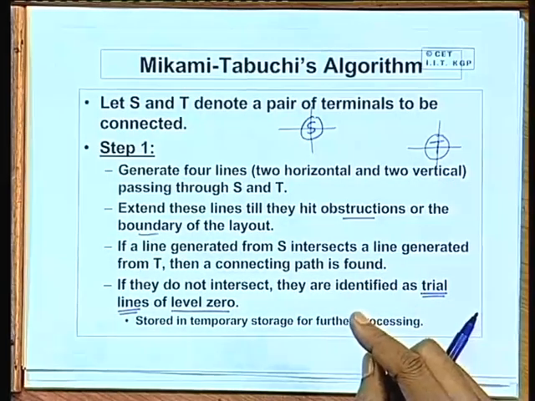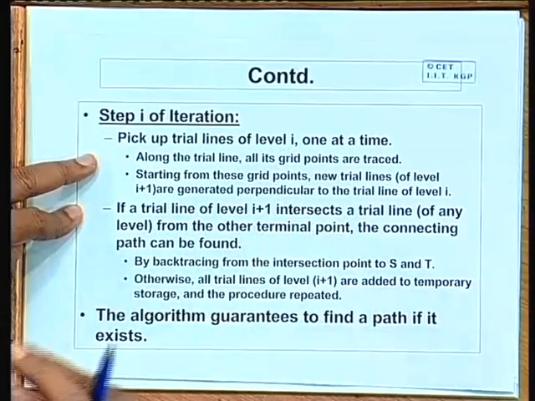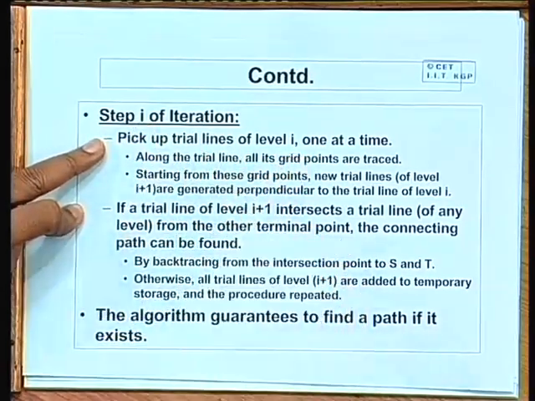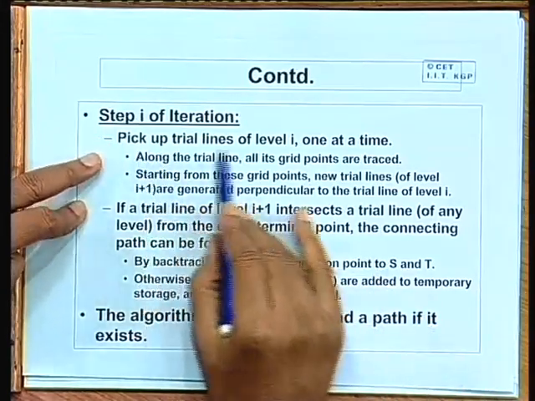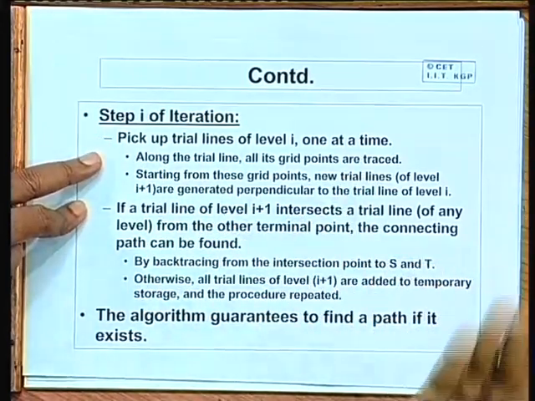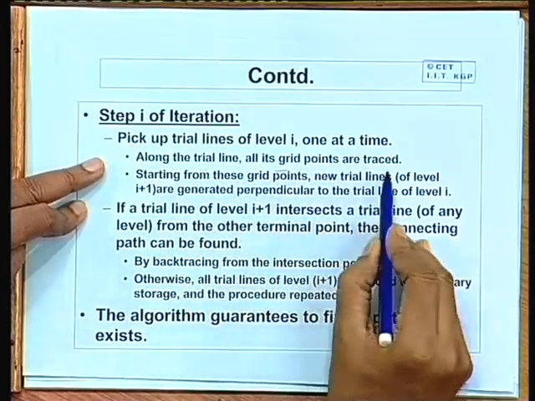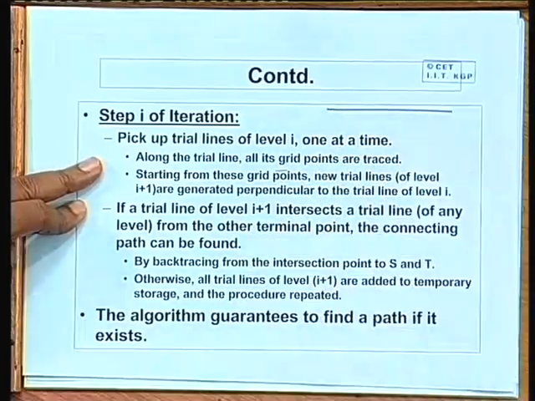Now in general, in step i of the iteration, we pick up the trial lines of level i. At step i, the trial lines of level i minus 1 have all been taken care of. So we pick up the trial lines from the list or queue, whatever you call it. Now along the trial line, all the grid points are traced. For example, this is a trial line.